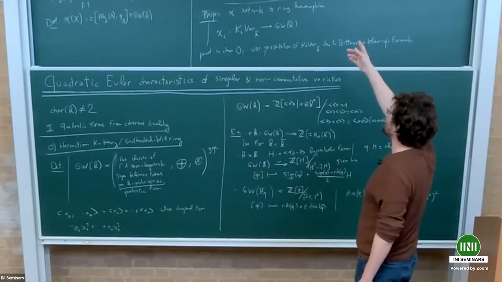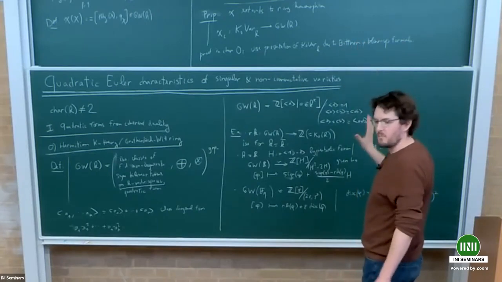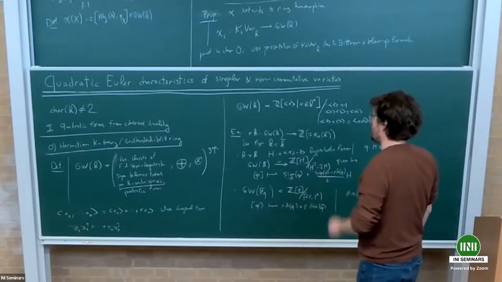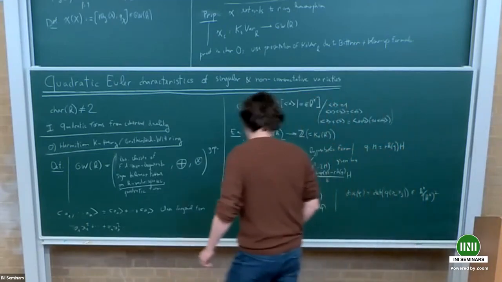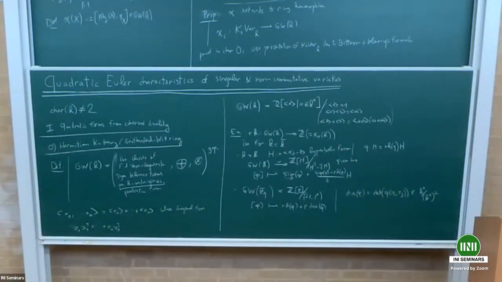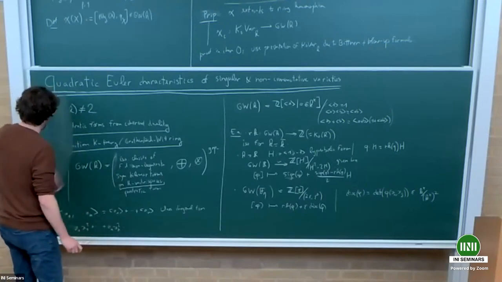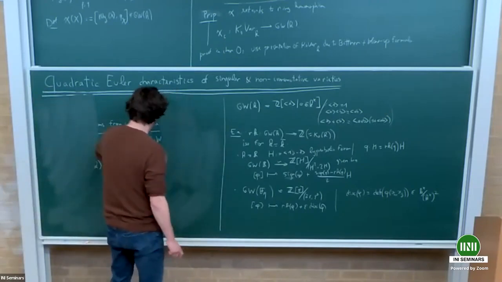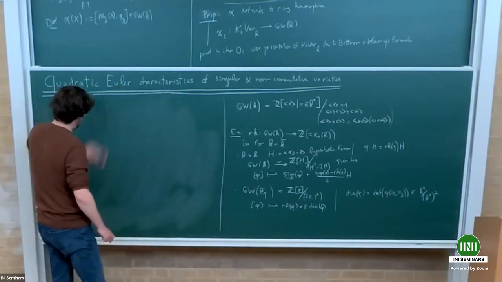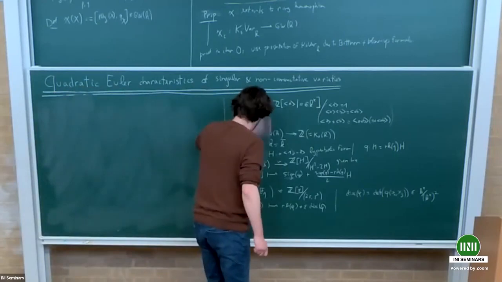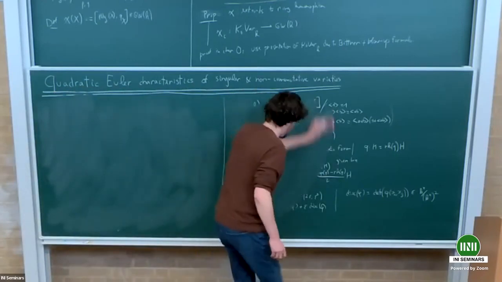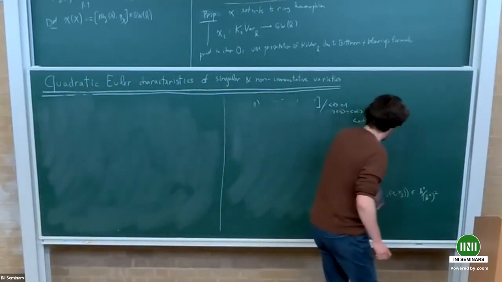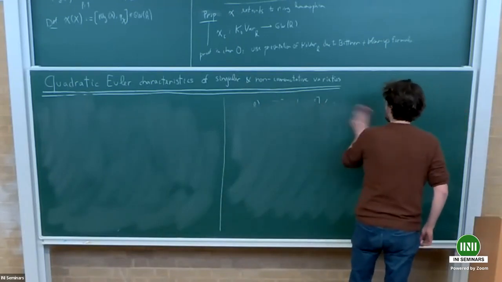So this is a simple definition of this invariant, and now it makes sense for any variety in characteristic 0.